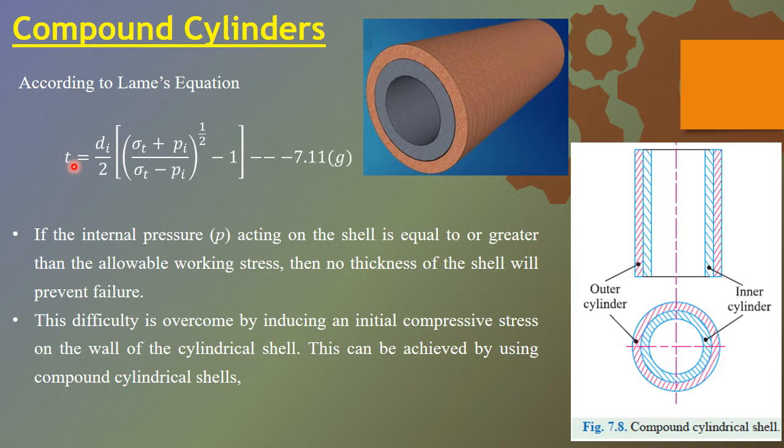So the thickness will become an imaginary value in case the internal pressure acting on the cylinder is greater than the allowable stress of the cylinder. It also directly indicates that for any material, no matter what the thickness of the cylinder is, the cylinder will result in failure if such a condition comes into picture.